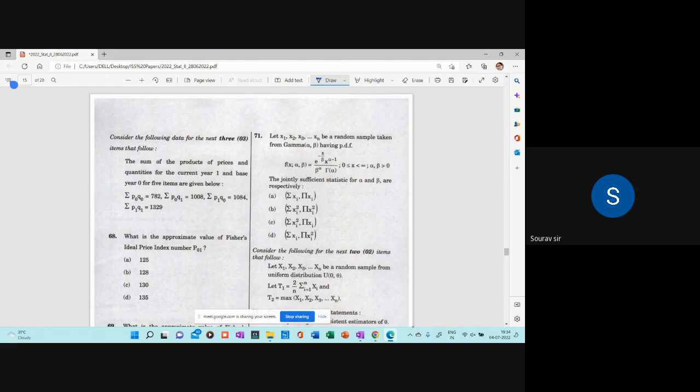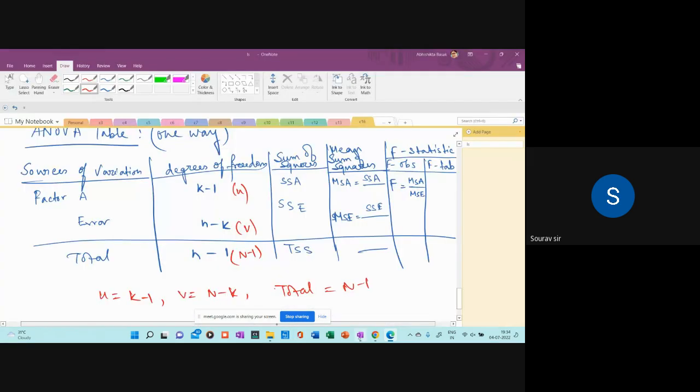The required values in questions 68, 69 and the others are all based on this particular data. So let us write this data first.